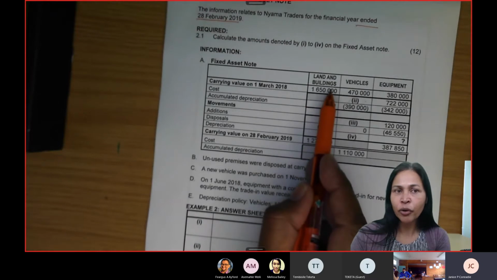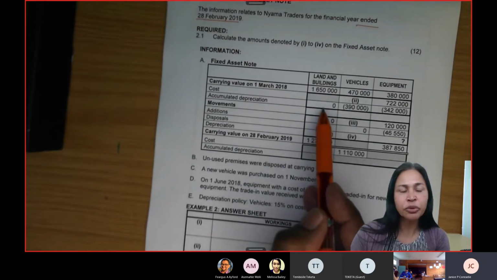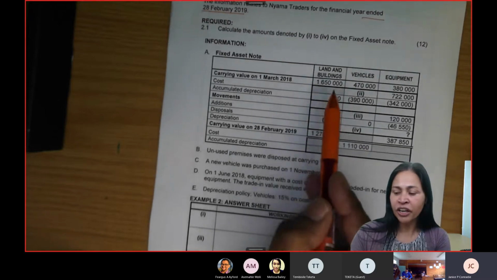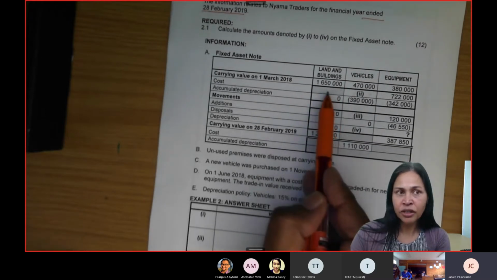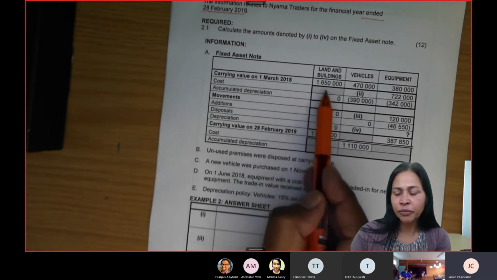Now, by now, you are familiar with the fact that there is no accumulated depreciation for land and buildings. And the reason for that, we said, was that land and buildings does not depreciate. We're going to only record the carrying value or the cost. Again, cost and carrying value would be the same, right?